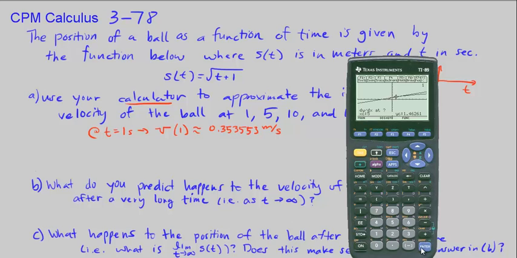I typed in 5, and it's telling me right there, that is the slope. That is the derivative at x equals 5. So at t equals 5 seconds, the velocity is approximately 0.204124 meters per second.